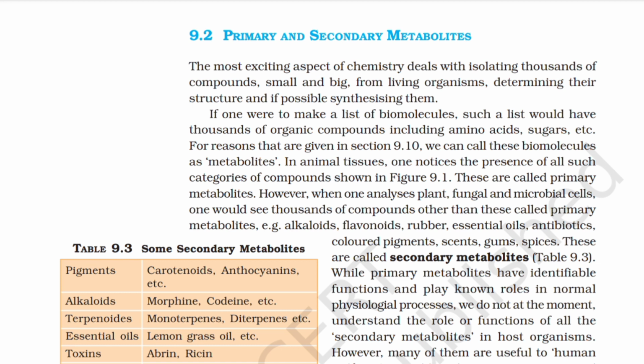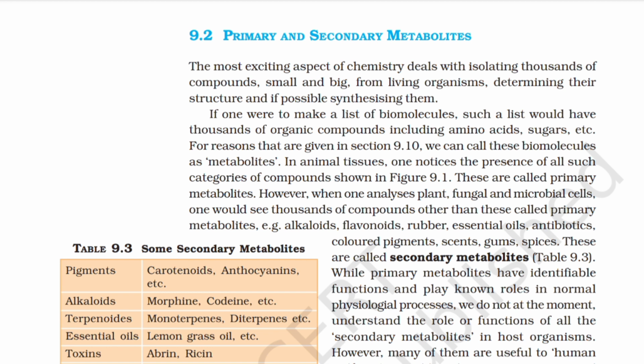If one were to make a list of biomolecules, such a list would have thousands of organic compounds, including amino acids, sugars, etc. For reasons that are given in section 9.10, we can call these biomolecules as metabolites. In animal tissues, one noticed the presence of all such categories of compounds shown in figure 9.1. These are called primary metabolites.